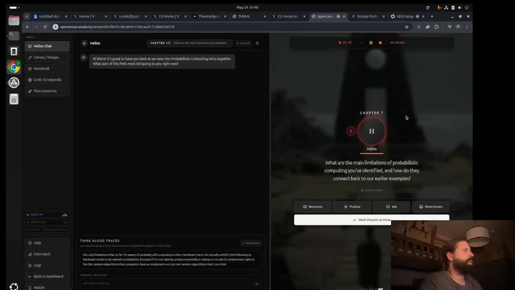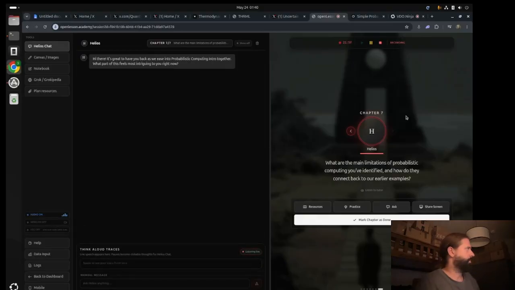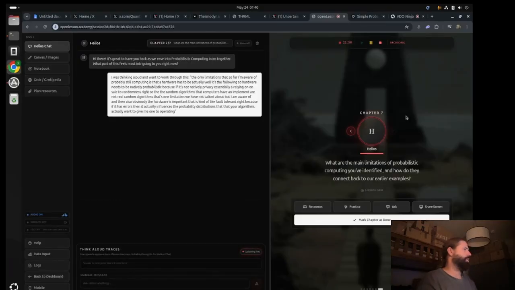That's one limitation we have not talked about, but I am aware of. And also the hardware needs to be fault tolerant, because if it has errors, then it influences the probability distributions that your algorithms want to operate in. This one was an easy one, guys.